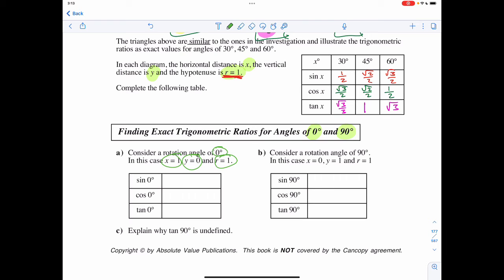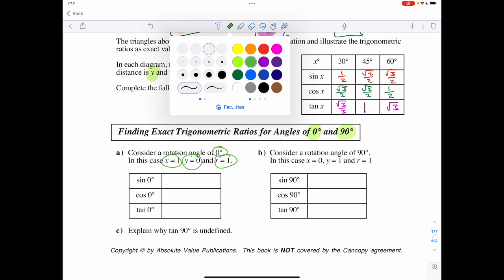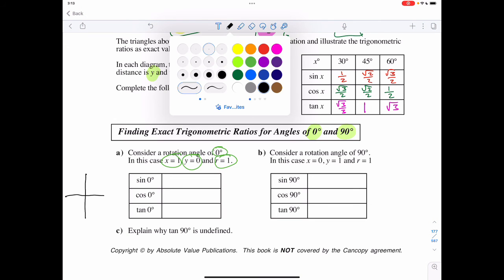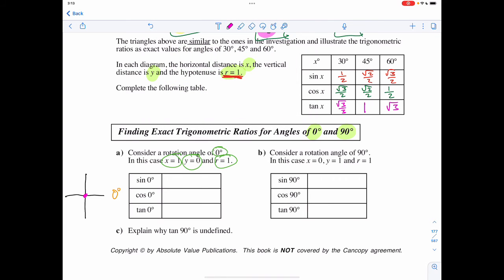If I haven't rotated at all, then on my grid at 0 degrees, which would be right here, my initial arm is going to match up perfectly with my terminal arm, and they have to be the same length. That's why I get x of 1 and r of 1. When that happens, I haven't rotated up at all, which means that my y value has to be 0.